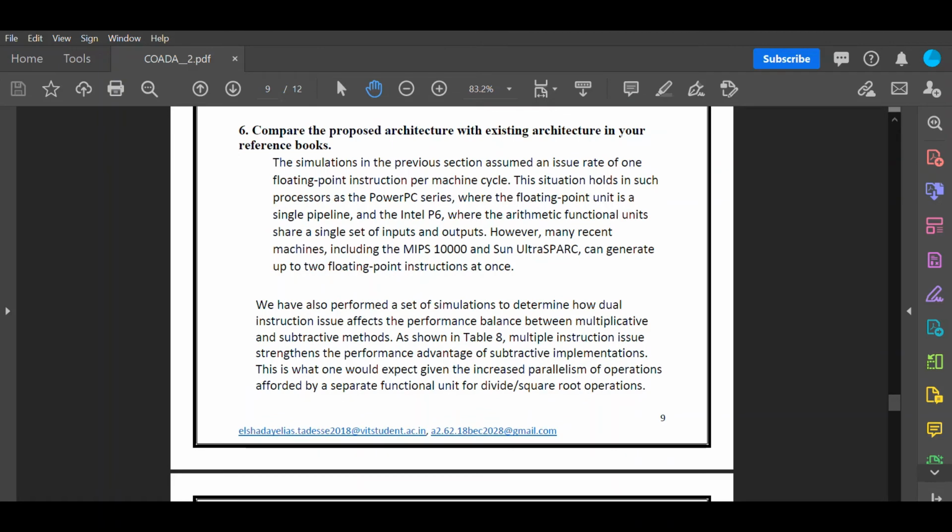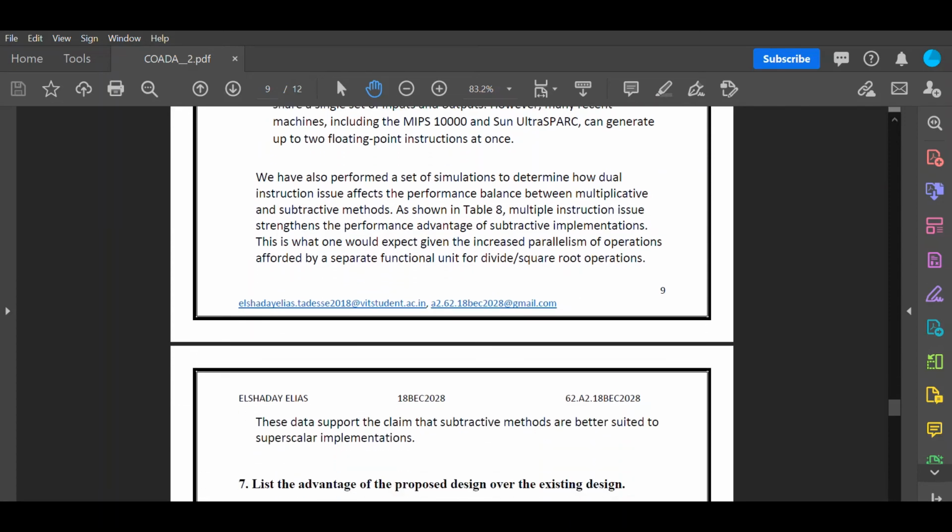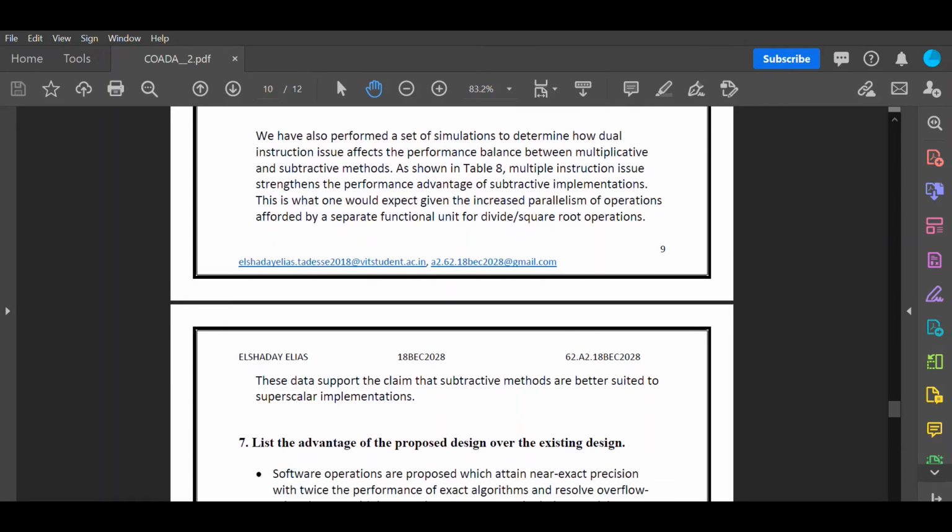However, many recent machines, including the MIPS R10000 and Sun UltraSPARC, can issue up to 2 floating point instructions at once. So we have also performed a set of simulations to determine how dual instruction issue affects the performance balance between multiplicative and subtractive methods.